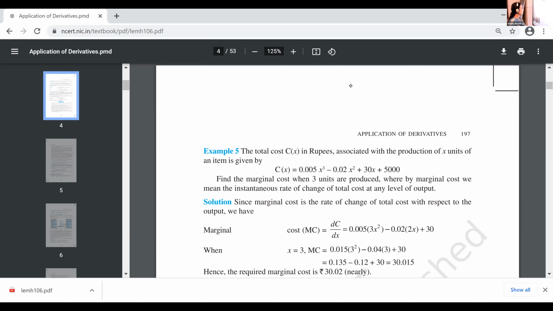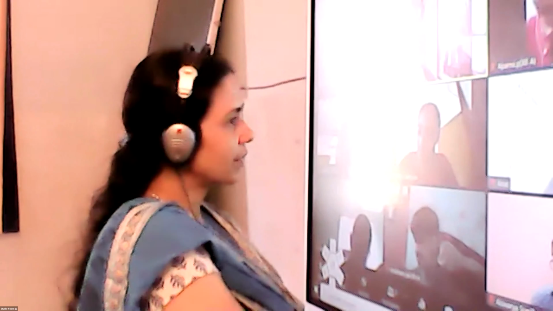Okay, where 3 units are produced. Find the marginal cost when 3 units are produced. So the cost function is given.